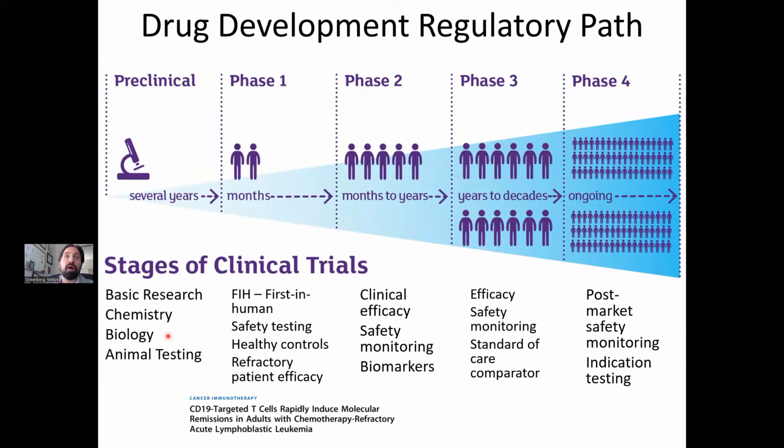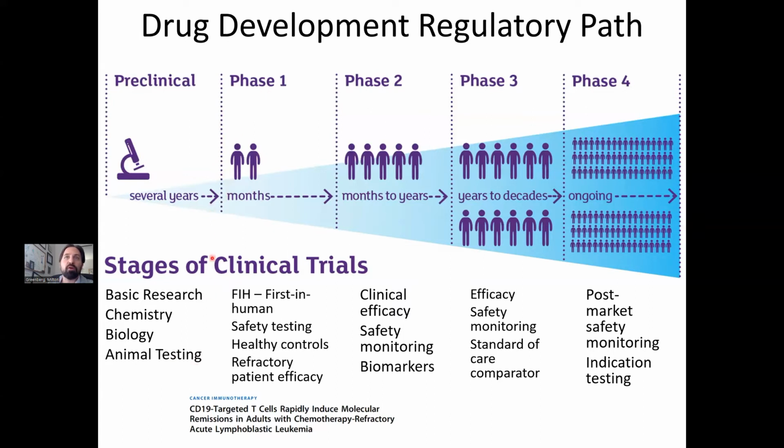In this paper, there was a lot of molecular biology, developing these chimeric antigen receptors, developing vectors where I can take these things and put them into different T cells to change the composition of those T cells to make those go out and fight cancer. Ultimately, there's animal testing. Animal testing is going to be going and taking these and putting them into rodents, putting them into larger animals like dogs or pigs or monkeys and seeing, do these work to kill cancer in those animals?